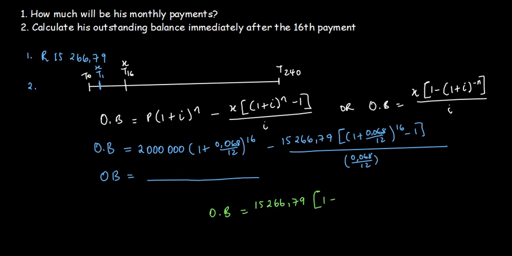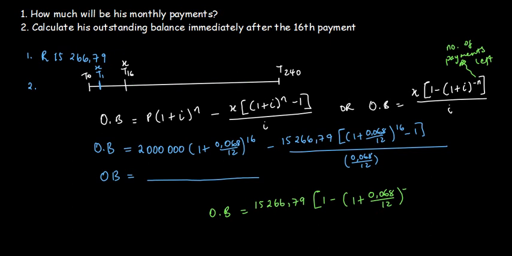Okay. Right, and then here we have 1 minus, we're using this one, right? So we're going to say 1 plus, the interest is 0.068 divided by 12 to the power of negative N. Now, in terms of this one, N will be the number of payments that are left. So after the 16th payment, how many payments are left to settle the loan?